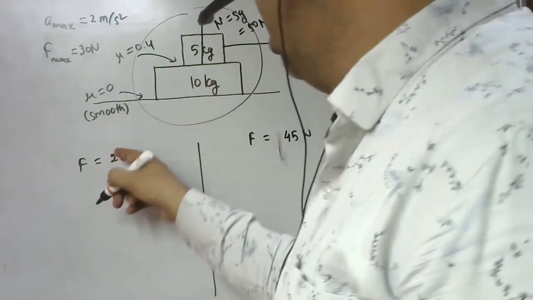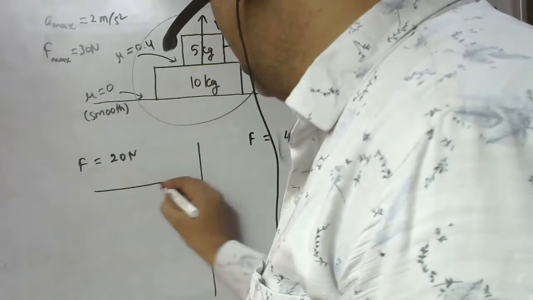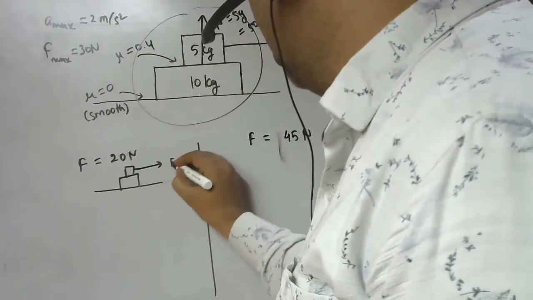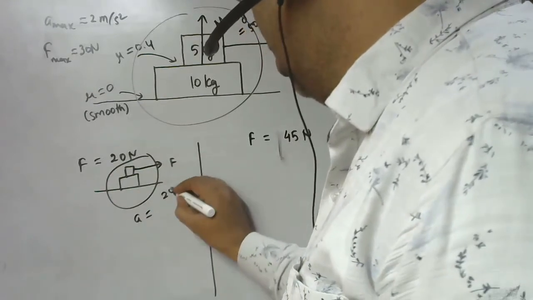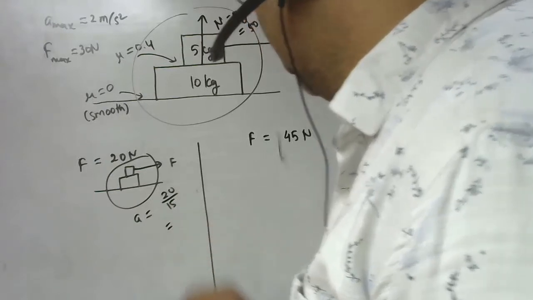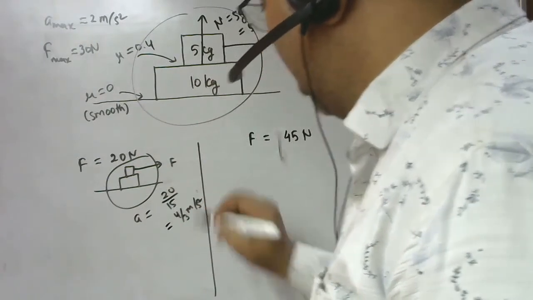The first being below 30 Newton, both blocks will move together. So we can take the two blocks as our system. The force is on the upper block, and we can take them together. So acceleration will be 20 upon 15, which equals 4 by 3 meter per second square.